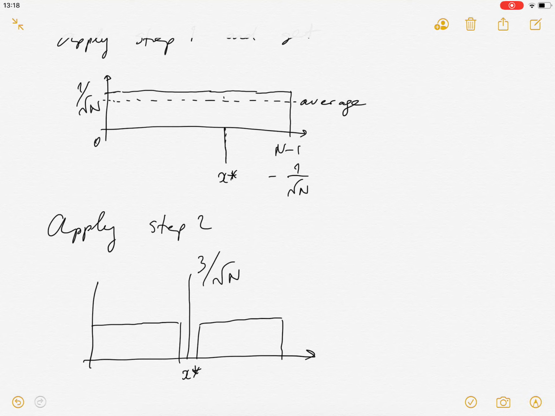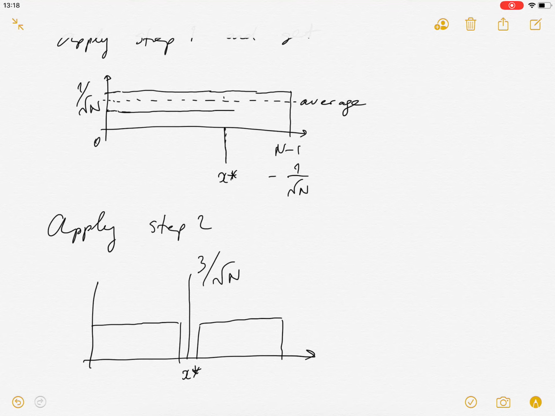And what about the rest of the amplitudes? Well, we started with 1 over square root of n, so this is the amplitude of the non-key values. If we do an inversion around the mean, the amplitude will lower itself.